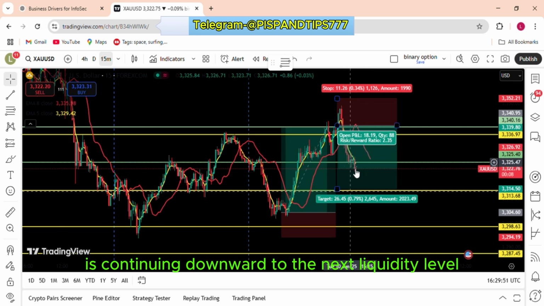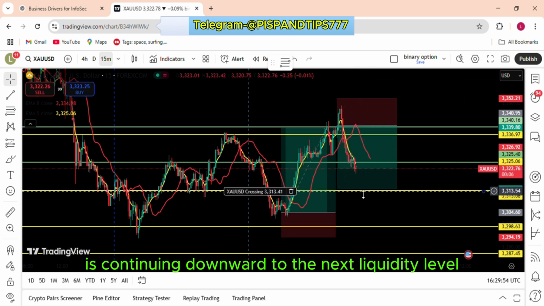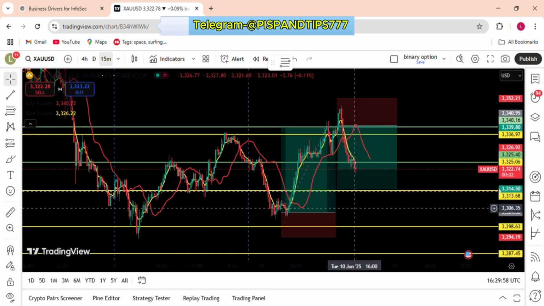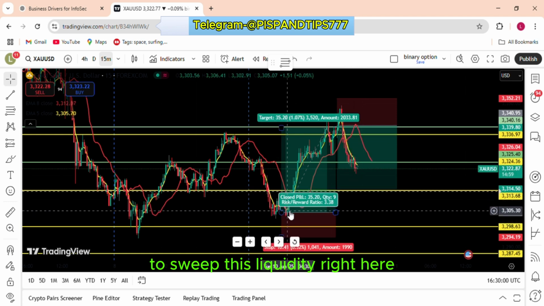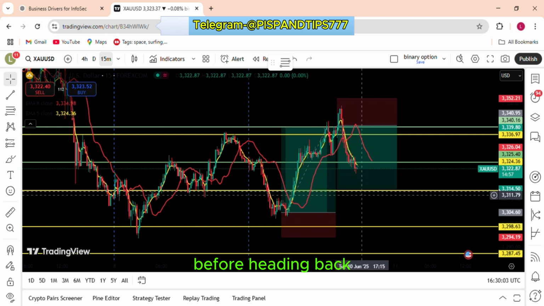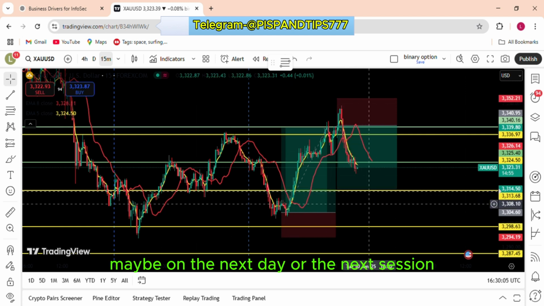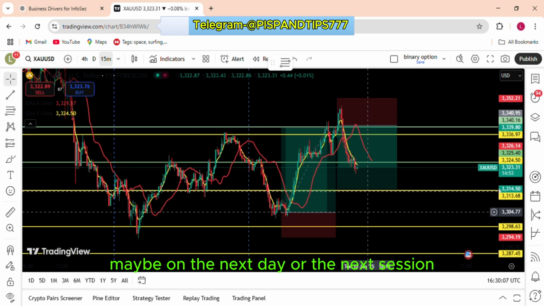It's continuing downward to the next liquidity level. It could possibly even cross to sweep this liquidity right here before heading back, maybe on the next day or the next session.